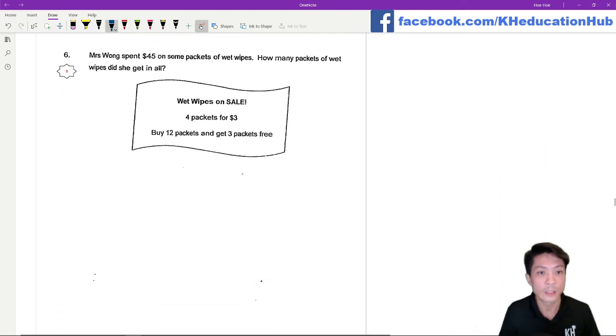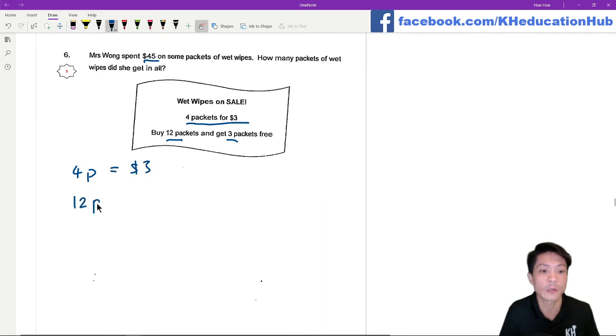Going to question 6. Okay, Mr. Wong spent $45 on some packets of wet wipes. So how many packets of wet wipes did Mr. Wong get altogether? Okay, so in this case, 4 packets is $3. If you buy 12, you're gonna get 3 free. So which means that 4 packets is equals to $3, right?